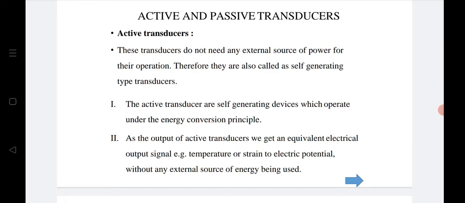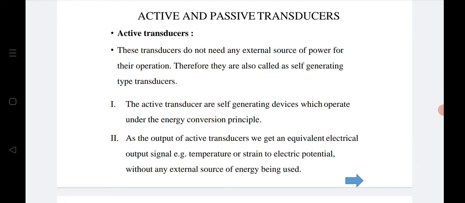Based upon the physical quantity, it automatically generates the electrical signal. The active transducers are self-generating devices which operate under the energy conversion principle.